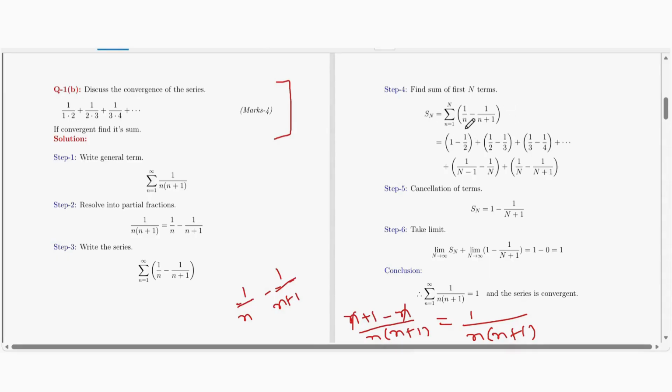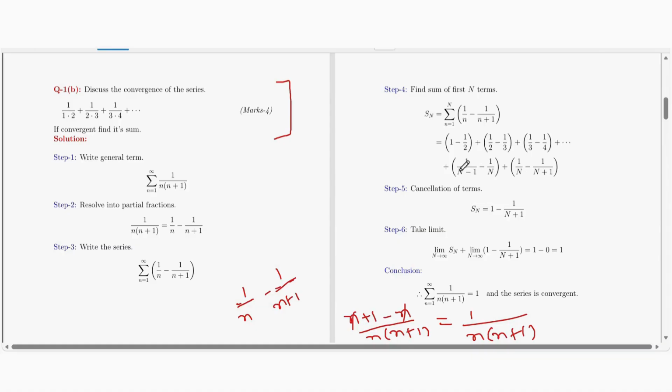Now first put n equal to 1. So what we get? 1 minus 1 upon 2 plus put n equal to 2. So we get 1 upon 2 minus 1 upon 3. Put the last term capital N. So what we get? 1 upon capital N minus 1 upon capital N plus 1. Okay. So now this is the sum of first n terms of the given series.